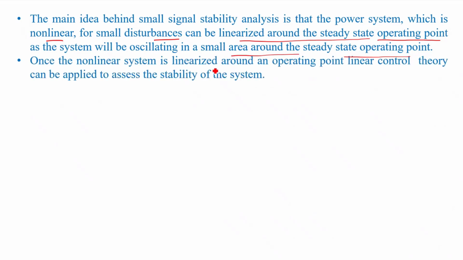Once the nonlinear system is linearized around an operating point, linear control theory can be applied. We can form the state space model and design our controller as per the requirement to assess the stability of the system.